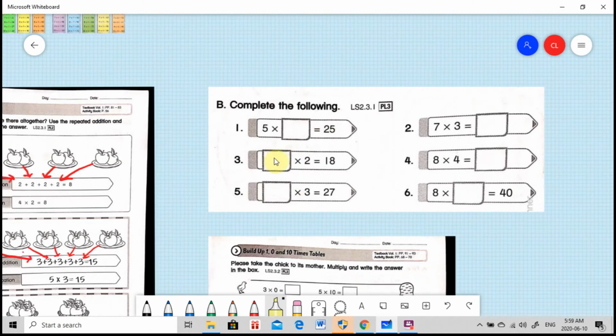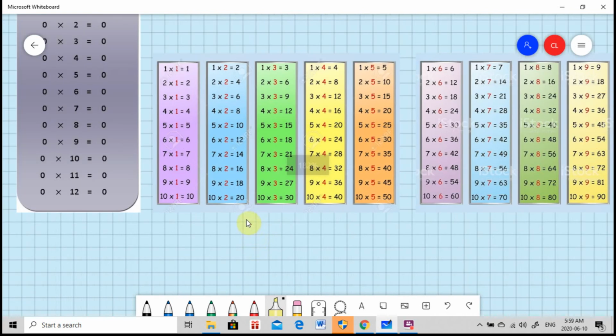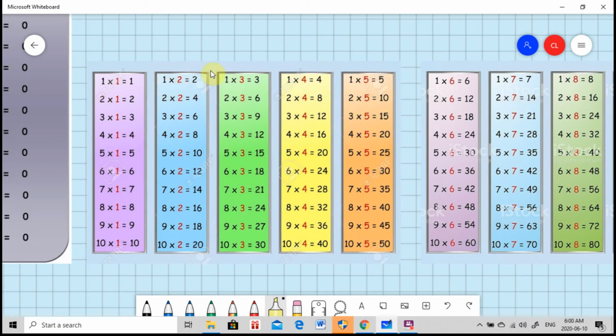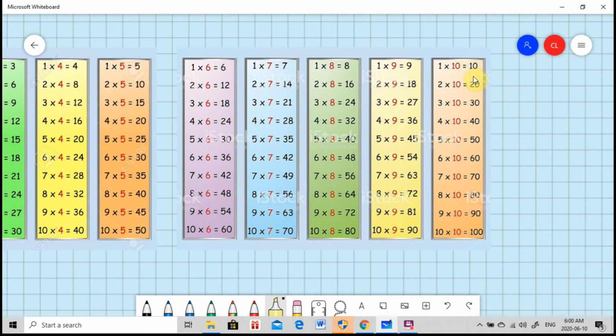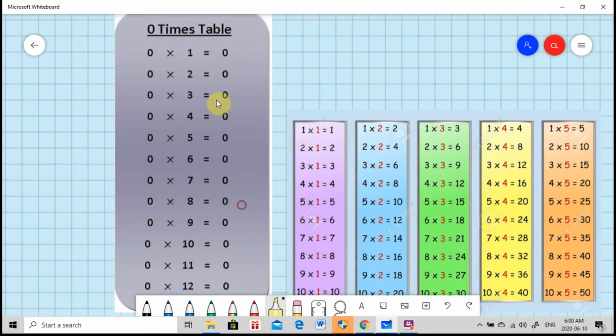Before we do this, I'll let you familiarize yourself with the times tables first. Here we have the 1 to 5 times table, the 6 to 10 times table, and a 0 times table over here.